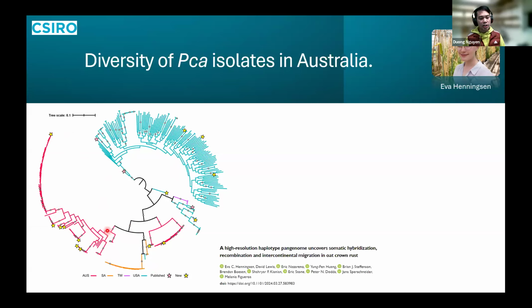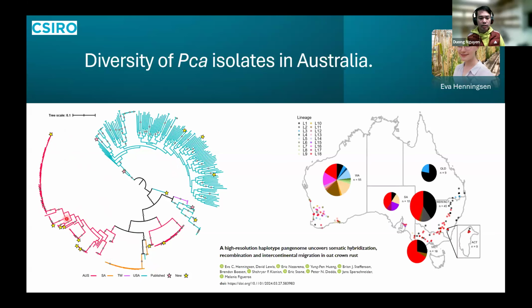However, from the recent collection of PCA, we also identified a quite diverse population, which separates into 18 lineages. Looking at the map here of the lineages by state, we have Western Australia, where there is the most diversity of the PCA population.